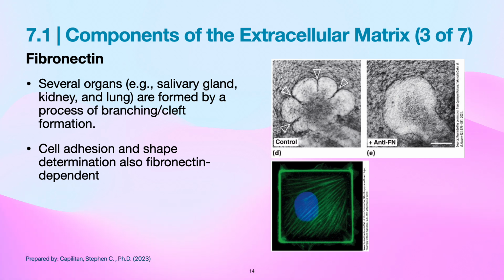And you also can see here a micrograph where the neural crest cells are migrating out from a portion of the developing chick nervous system. They are placed on a glass culture dish containing strips of fibronectin-coated surface with alternating strips of bare glass.